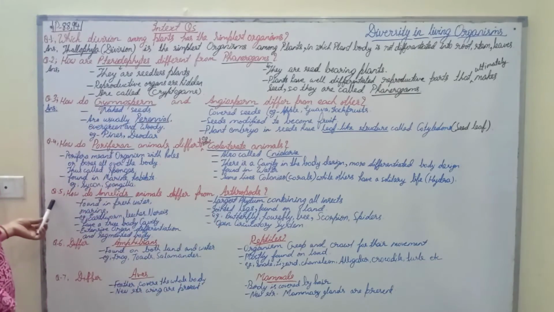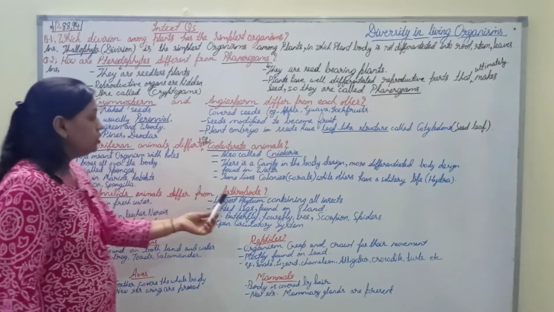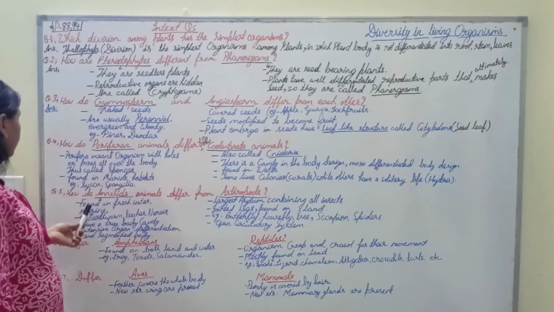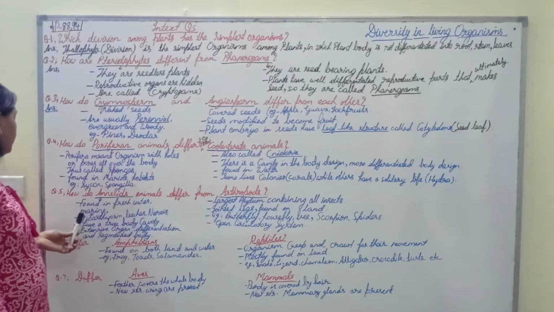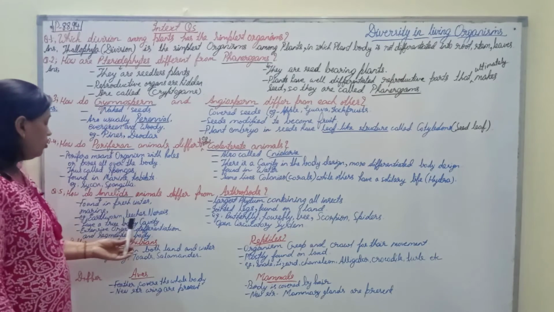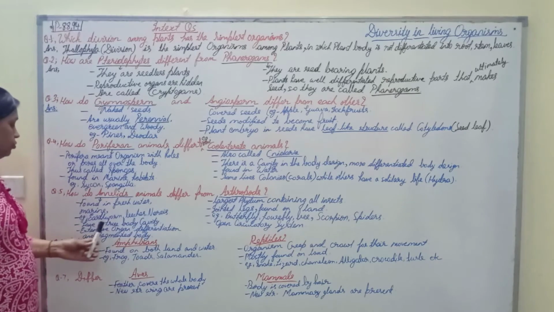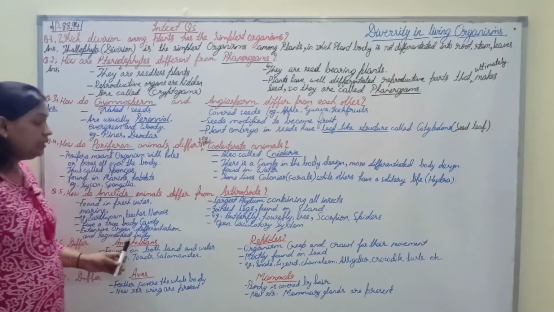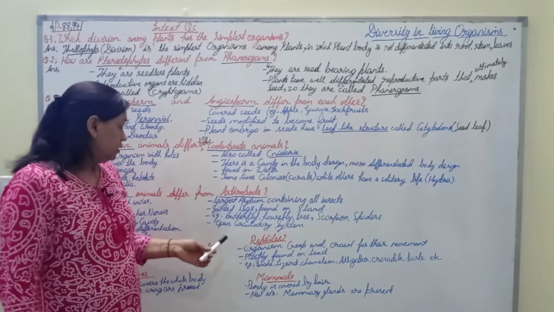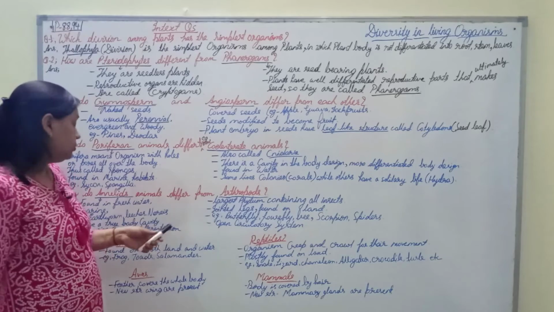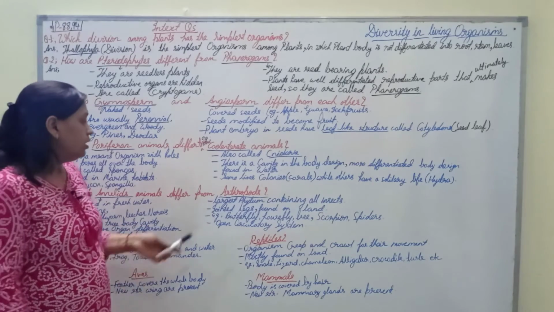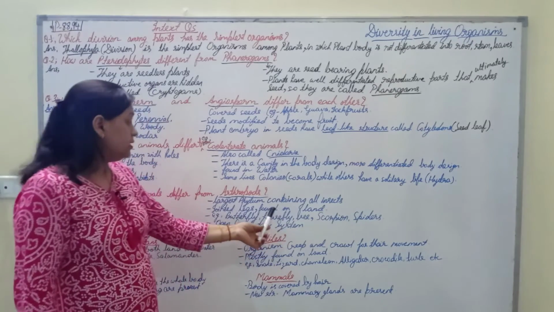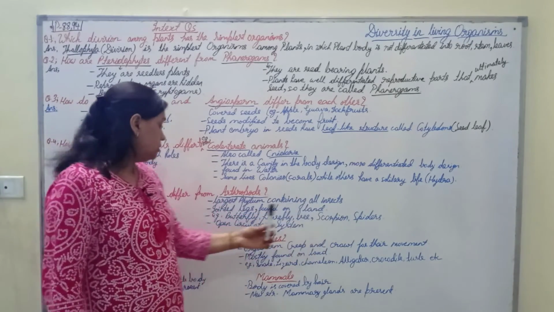The next question says difference between annelids and arthropods. Annelids are found in fresh water and marine habitats. Examples are earthworm and nereis. They have a true body cavity, extensive organ differentiation and a segmented body. Now the arthropods, it is the largest phylum that contains almost all insects.